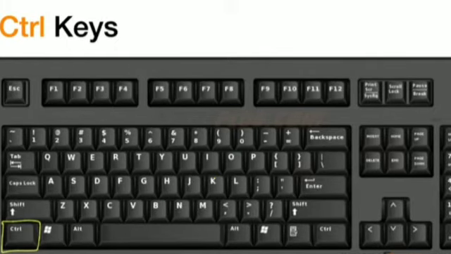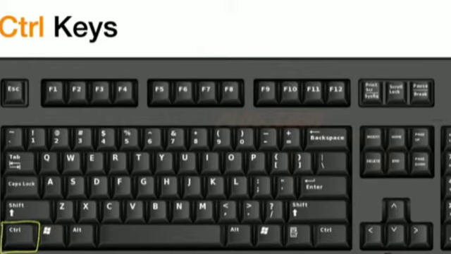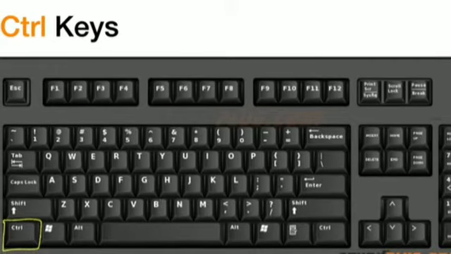Now, when you press and hold control key and the alphabet key U, then it underlines the selected text on the computer screen. So this is how the control keys are used in combination. So shift key and control keys are the combination keys.